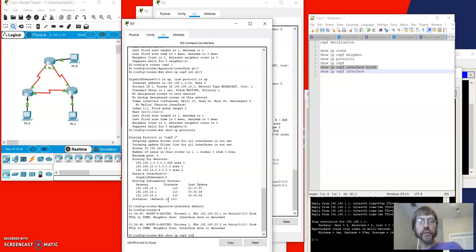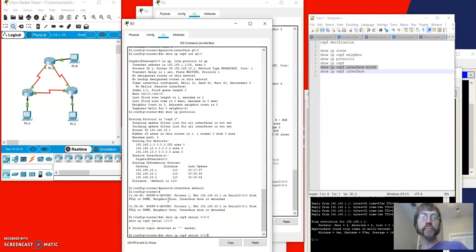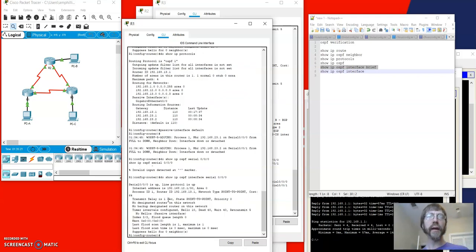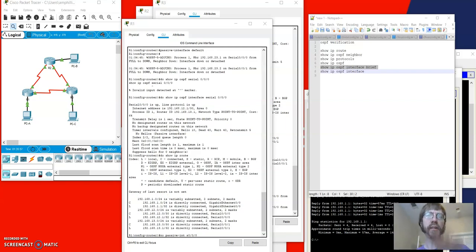Let me do serial 0/0/0. And it's passive. No hellos in transit. That's a problem. As I can see, I checked my passive interfaces. I even looked at my routing table, and suddenly I don't have any OSPF routes. It's not what I wanted to do.